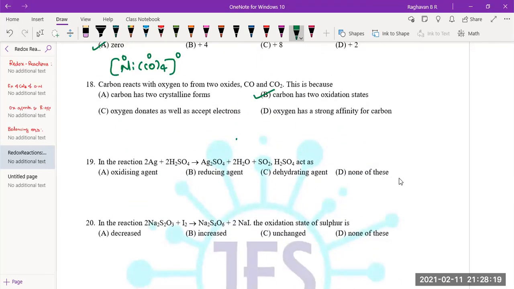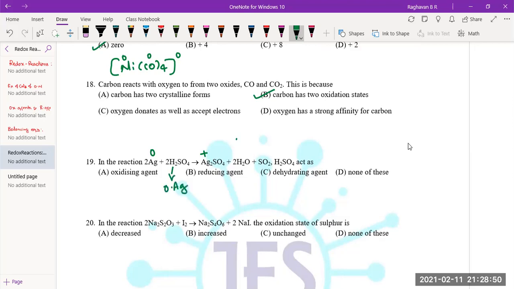In the reaction given here, H2SO4 acts as what? What is H2SO4 doing to silver? Oxidize. So it is doing oxidation. H2SO4 is oxidizing Ag0 to Ag+. So what is the name of the one who oxidizes?